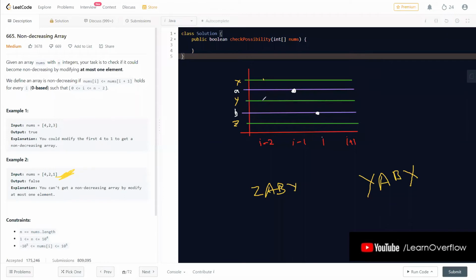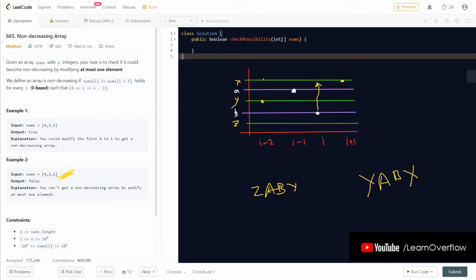If we are at Y, then A, then B, and then it moves up to something like X, right? If that's the graph we have over here, then we know that we can move this thing up to between A and X, and it ends up being an increasing array for us. Okay, so that's what we can find.